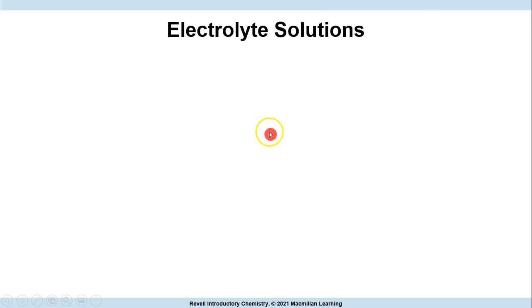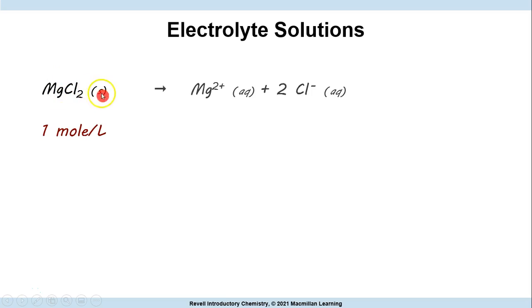Now let's continue to see the electrolyte solutions. Let's look at an example here of magnesium chloride. So this is 1 mole of magnesium chloride. When the magnesium chloride dissociates, what is it going to give us? It's going to give us a magnesium ion and 2 chloride ions, because they must be balanced. So magnesium 2 plus and 2 chloride ions.